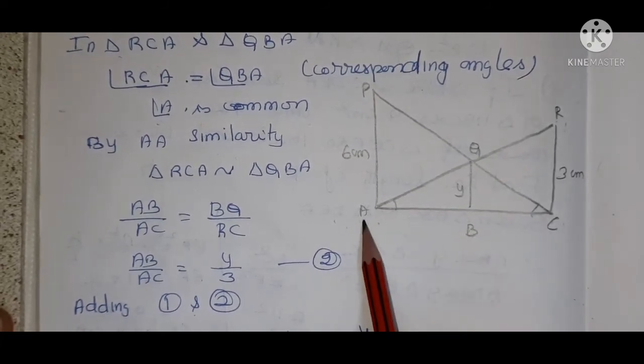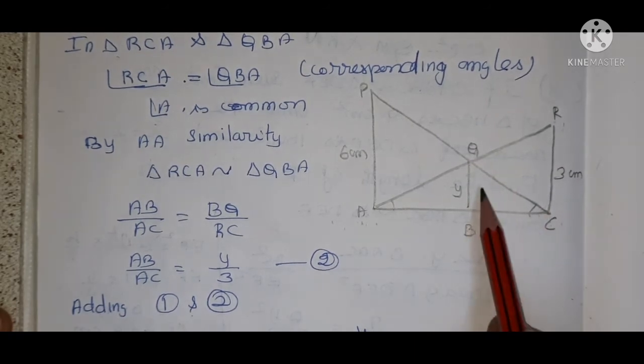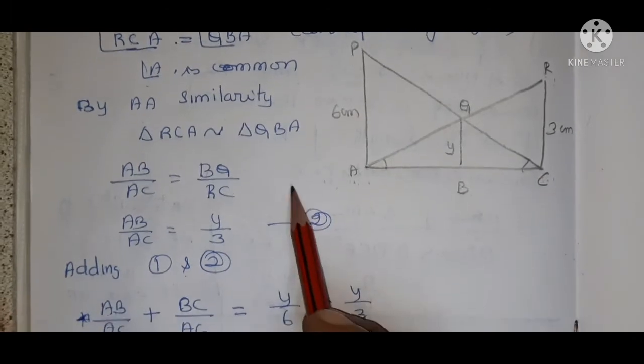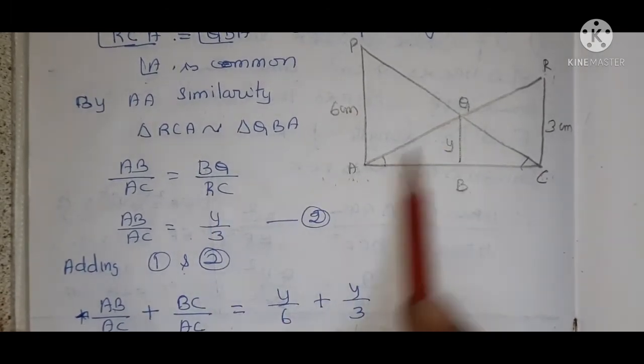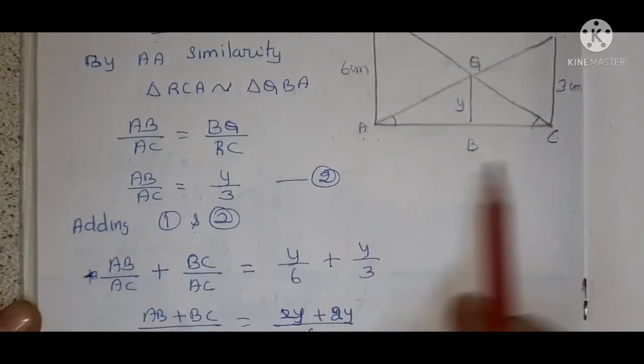AB by AC is equal to QB, which is Y, by RC, which is 3, taken as 2.